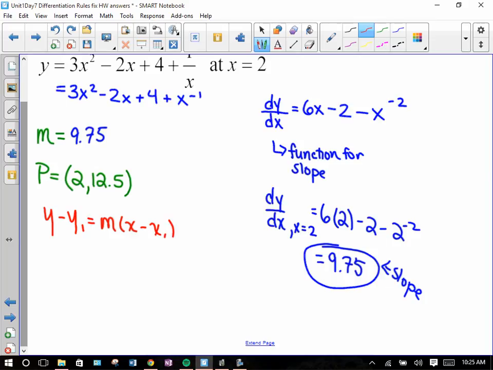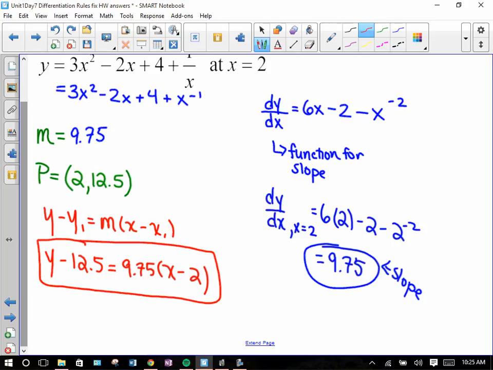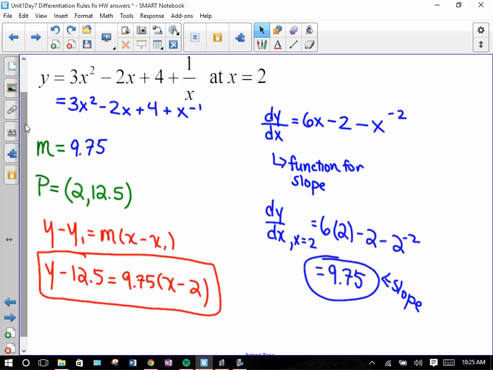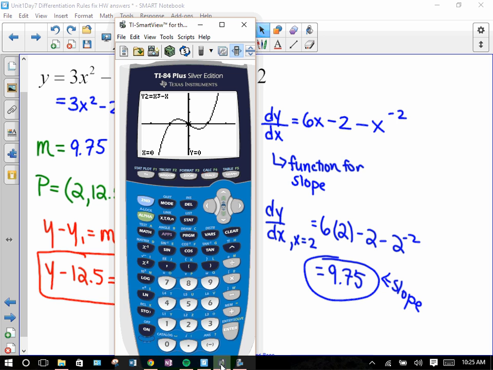So that's y minus y1, which is 12.5, equals the slope, which is 9.75, times x minus x1, which is going to be 2. Okay, I'm done. There's my equation. I do not need to do anything else. I do not want to risk making a mistake. Now, just because we have the ability, let's go ahead and look at these two graphs.